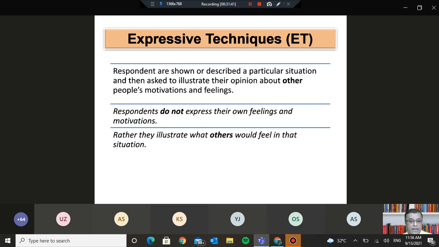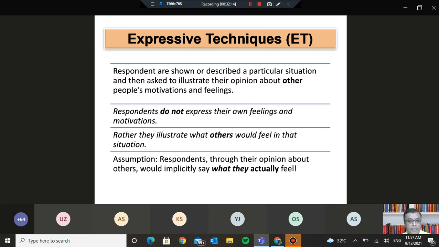When they are illustrating and expressing their feelings in detail, remember that these feelings are in the context of others. First you describe those settings to them, and then you expect the person to share a response as if it is not coming from that individual but from some other individual.